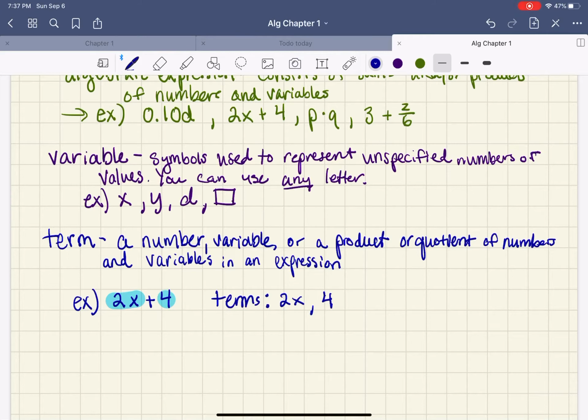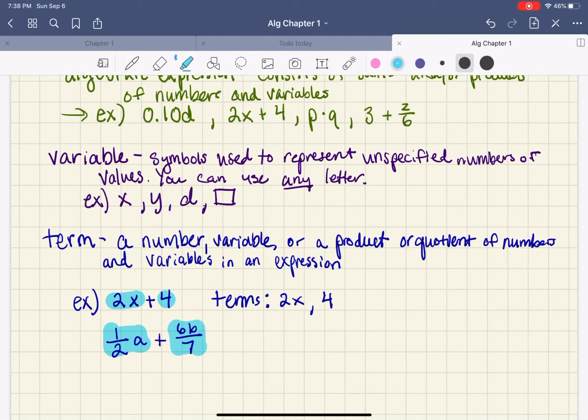If I had something like 1/2 a plus 6b over 7, this would actually be one term, and this would be another one.